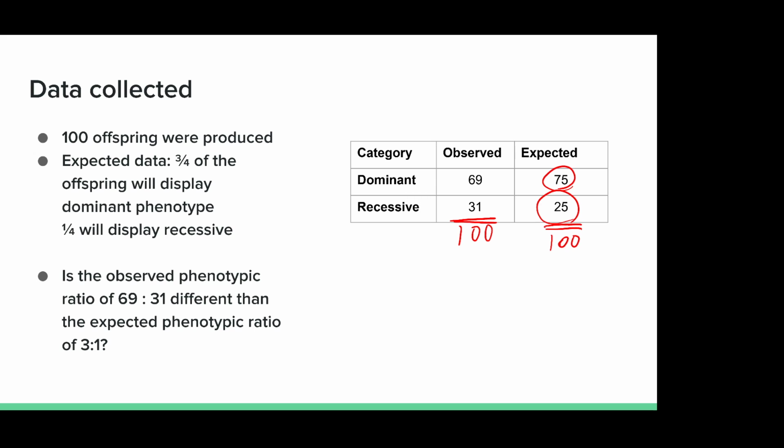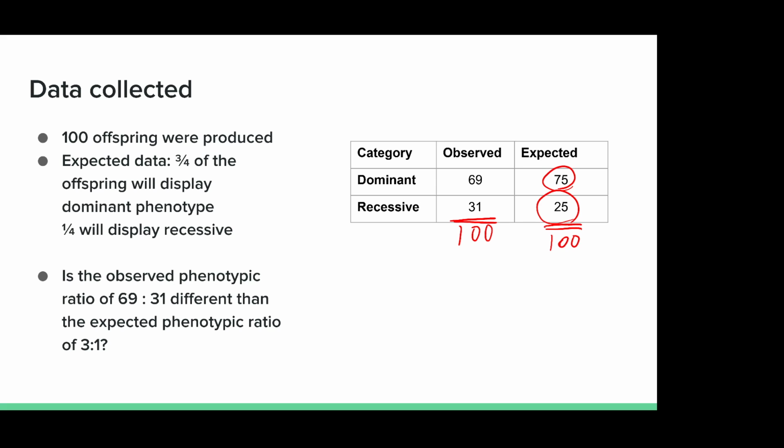So the question is, is the observed phenotypic ratio of 69 to 31 different than the expected ratio of 3 to 1? If it is not different, then we fail to reject the null hypothesis.